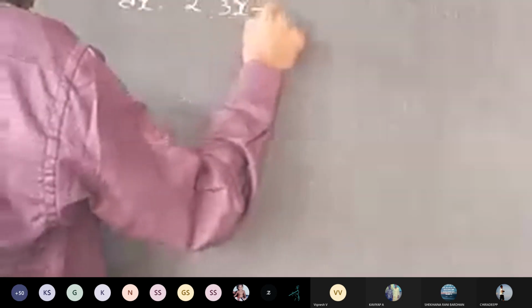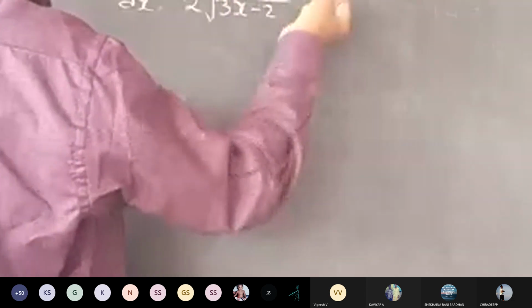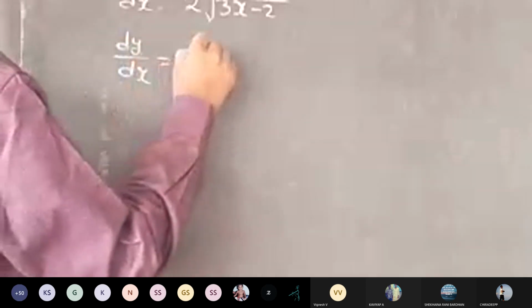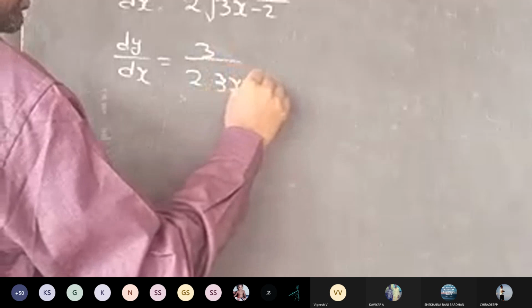This is fully root x, so you can write 1 by 2 root, and again 3x differentiation gives 3. So here dy by dx is equal to 3 by 2 root of 3x minus 2. Okay, this is slope m1.